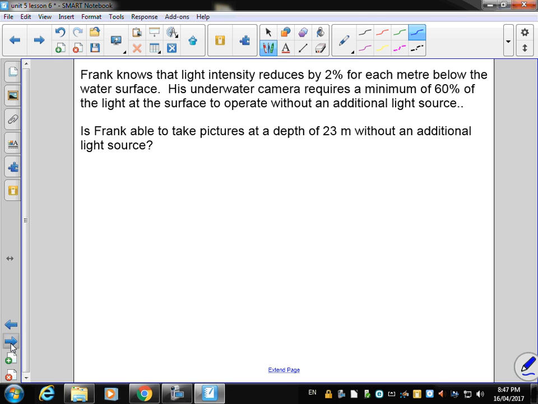So I'm going to do A, where A is amount of light, in percent, because that's what I want to know. I want to know how much light and if I'm able to take pictures. So we start, we assume, with 100% of the available daylight at the surface.